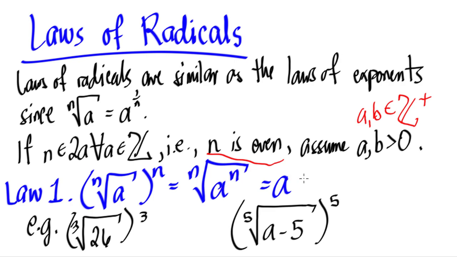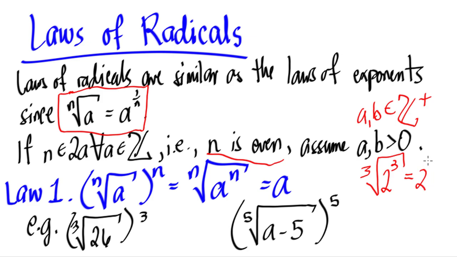Why is that true though? For example, we have the cube root of 2 cubed. Recall our identity that the nth root of a is equal to a raised to 1 over n. If we convert this into a fractional exponent, this is equal to 2 cubed raised to 1 over 3.